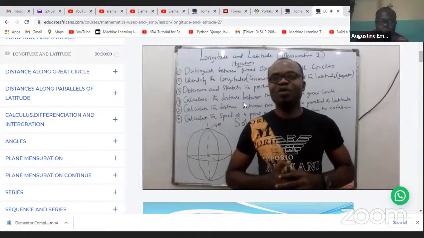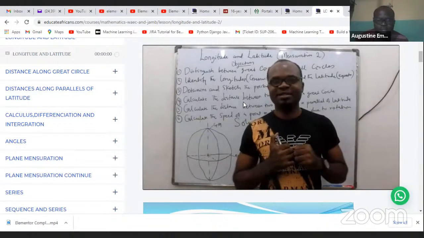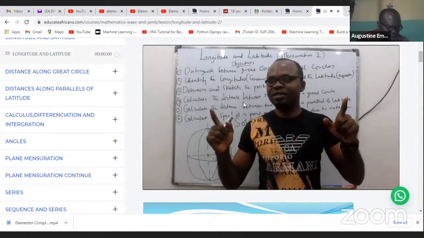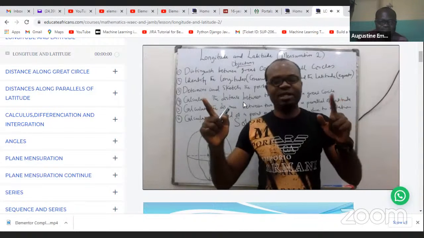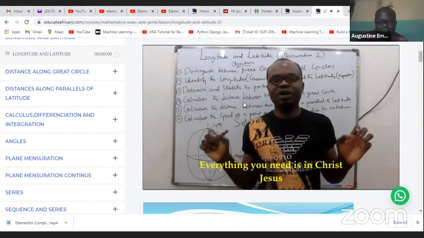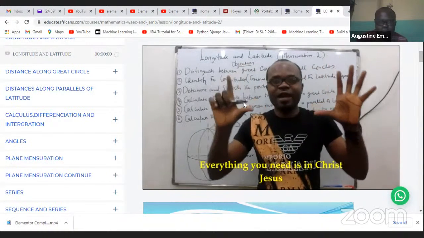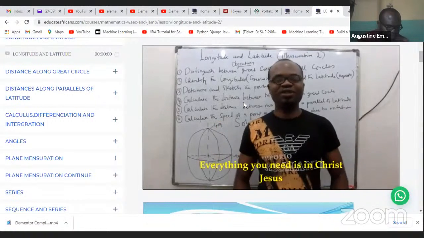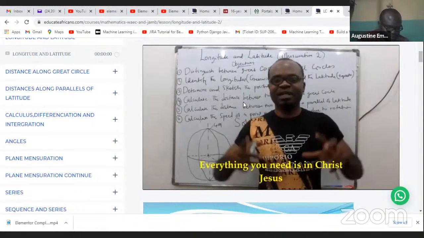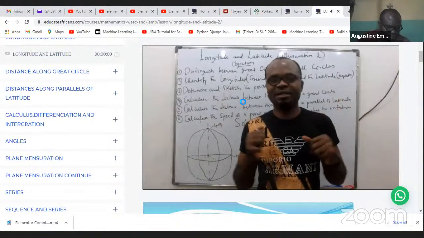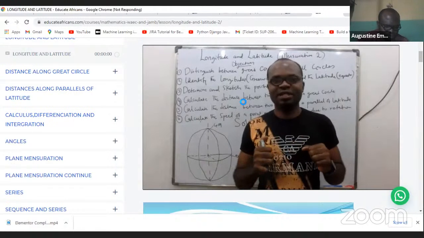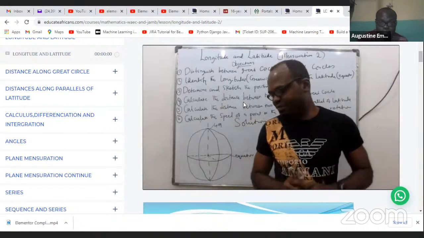Now, when you have an object and you want to know the distance from one point of the object to the other, or you want to know the area of the object, or you want to know the value that the object has, of that calculation.